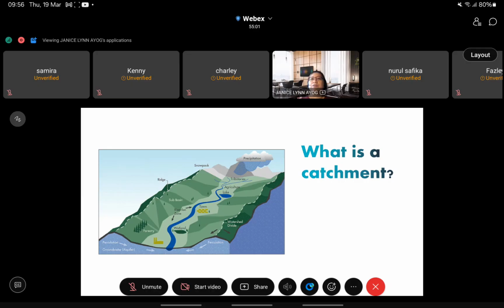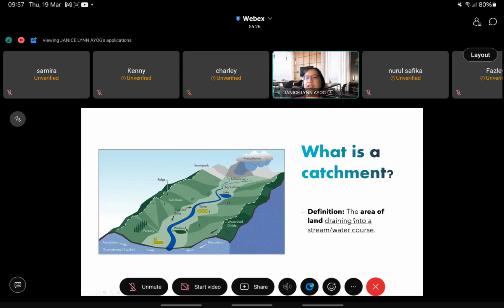Now, for this course, we're going to use this term catchment a lot. This is an example of a catchment, a drawn, very simplified catchment. But what does catchment mean?